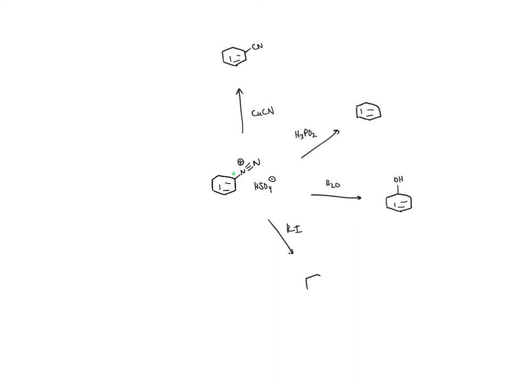Potassium iodide would allow us to incorporate an iodine into the molecule. We haven't had that opportunity yet. KF would allow us to incorporate a fluorine into the molecule. And then we have copper chloride, which allows us to make chloroarenes, and then copper bromide allows us to make bromoarenes.